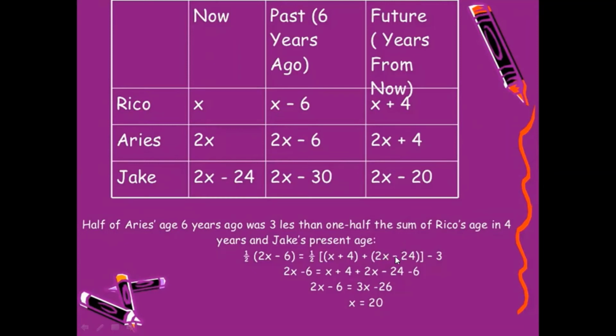So the sum of the ages of Aries after the 4 years and the present age of Jack, and half of this whole quantity. That's why we have put this square bracket, and 3 less is over here. So less means subtraction. Have you got this equation? Yeah, I did. Okay, good.